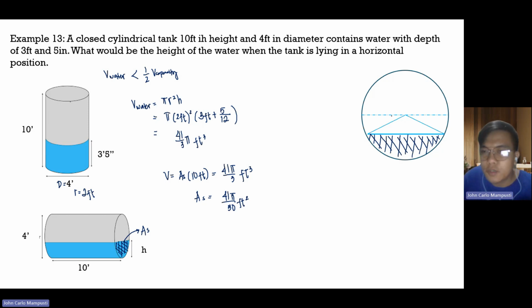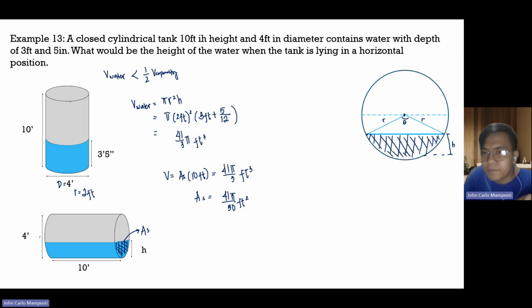So, as you can see, we can form a triangle here. This is the chord. This is the radius. And we have theta here. This is your H. This is what we're going to find. What is this area here?